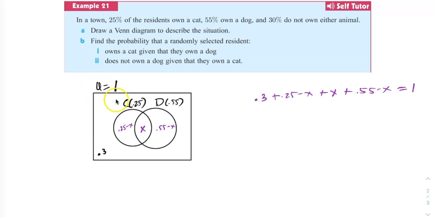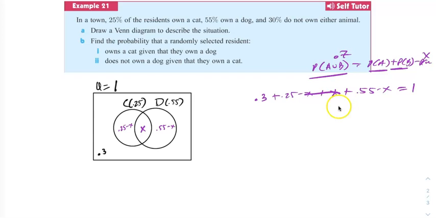So that's one way to do it. The other way is to use the combined events formula, where you have probability of A union B equals probability of A plus probability of B minus the intersection. Whereas this is what we're looking for. We have this, and we do have this. Remember, that is not 1, it is the universe minus the neither. So this would be 0.7 if you're doing it that way. It'd be 0.7 minus all that. I'm just going to finish up this because I have it written out. Let's see, these x's will cancel.